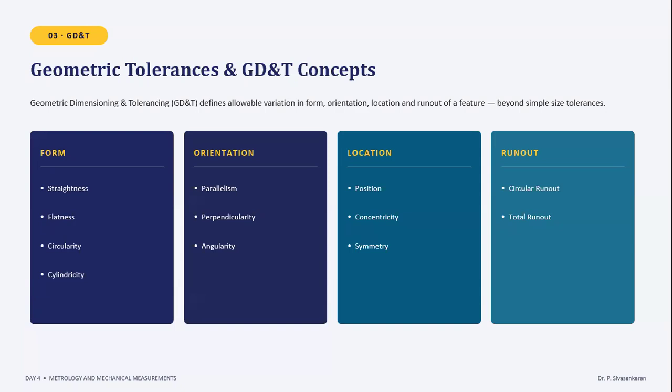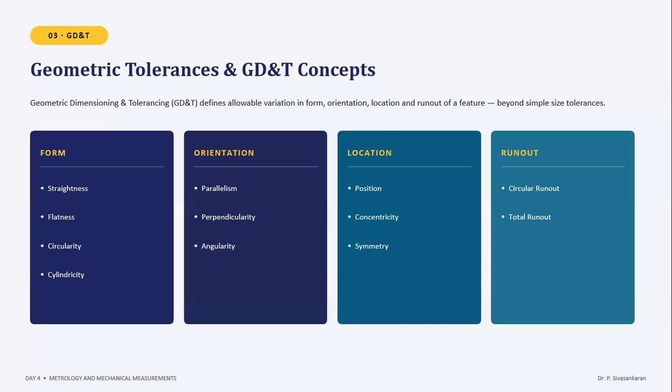Form controls include straightness, flatness, circularity, and cylindricity. Orientation controls include parallelism, perpendicularity, and angularity. Location controls include position, concentricity, and symmetry. Runout controls include circular runout and total runout. Understanding these geometric requirements is essential for manufacturing components that meet functional and assembly requirements.